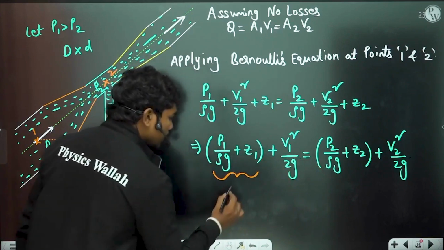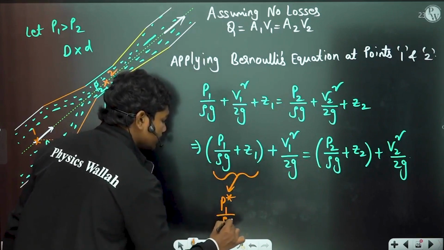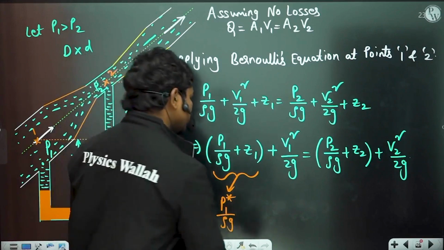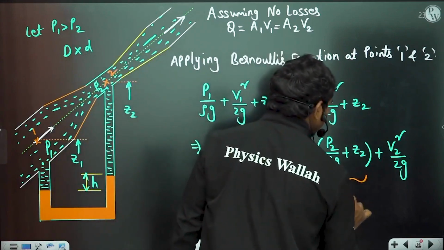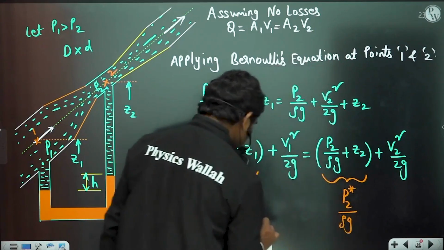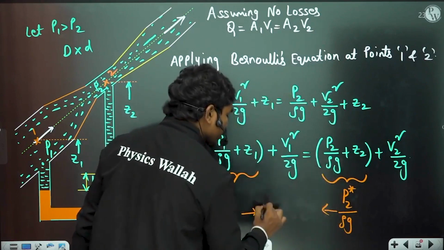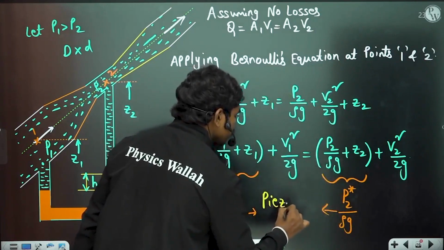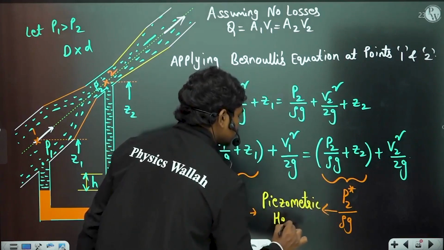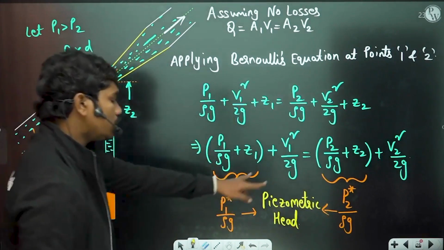So this is called the piezometric head, p1 star by rho g. Similarly here, this is the piezometric head p2 star by rho g. So these are called piezometric heads at sections 1 and 2.